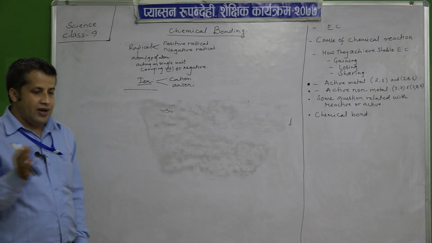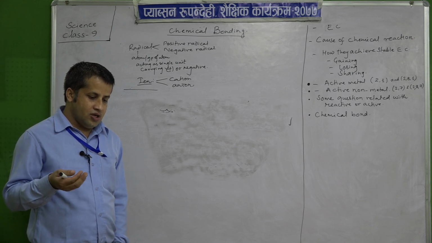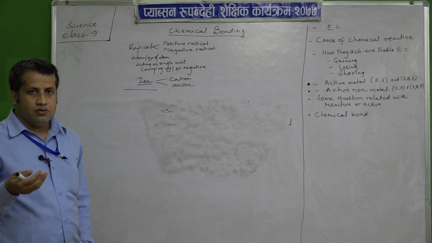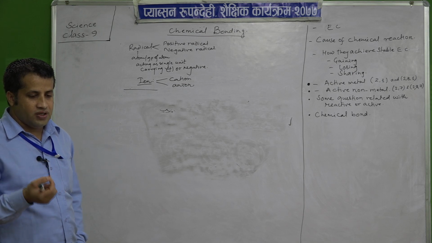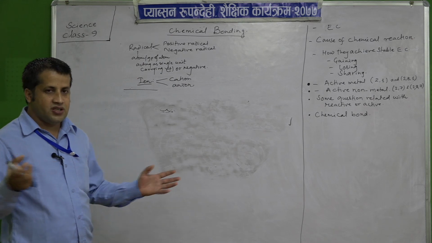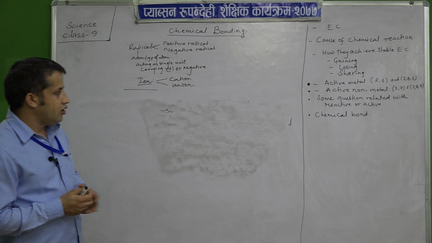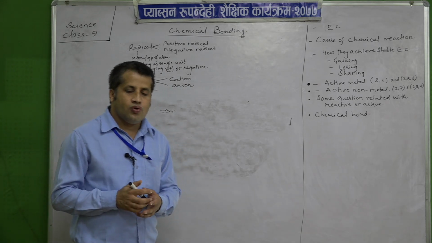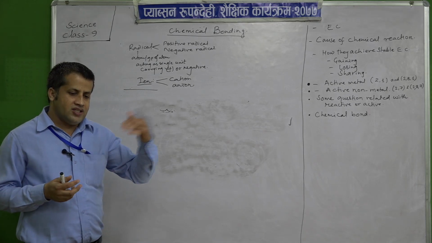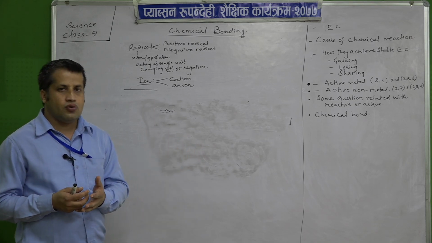These things we have discussed: why elements undergo chemical reactions, why they form compounds, what the cause is, what an active metal is, what an active non-metal is. That is the basic concept necessary for chemical bonding. So now we will study the chemical bond. What is a chemical bond? Just now we discussed that except for inert gases, all other elements do not have a stable electronic configuration.